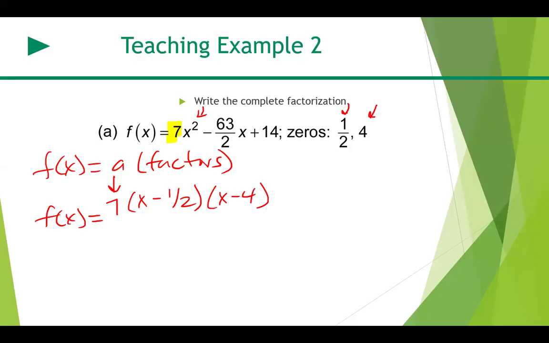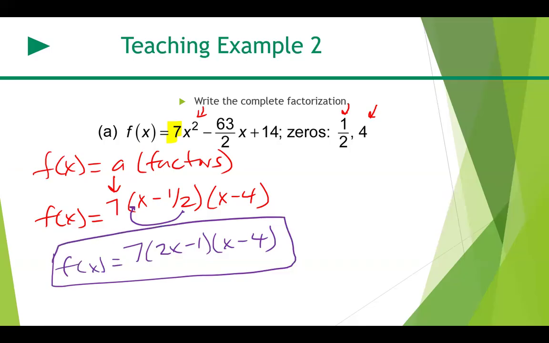So that would be my complete factorization, but it's not complete because we don't usually have fractions in our factorization. The denominator is actually the coefficient of the other. So it becomes 7 times 2x minus 1 times x minus 4. And that is your complete factorization.